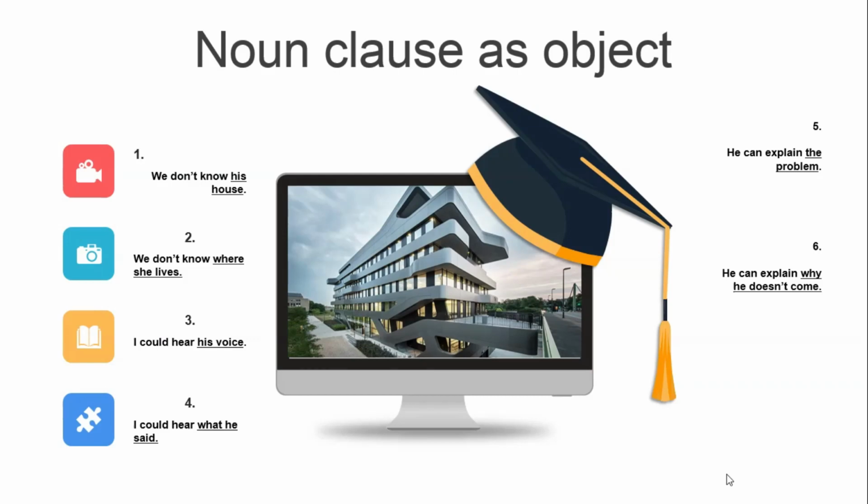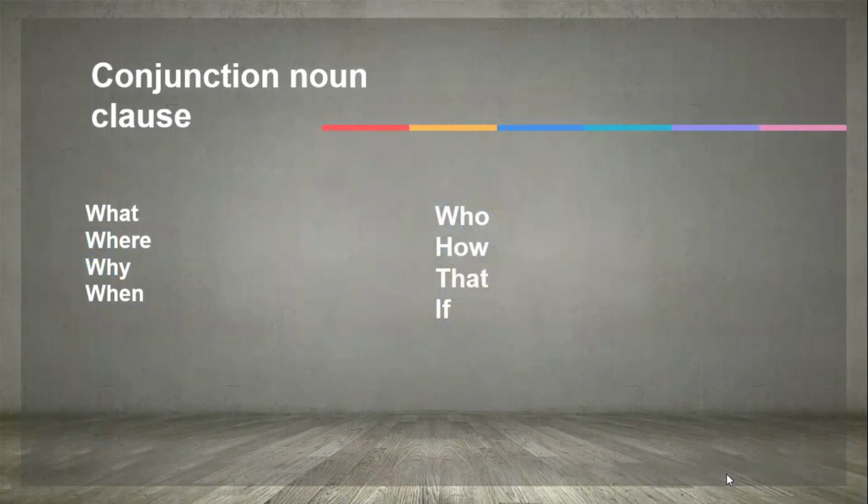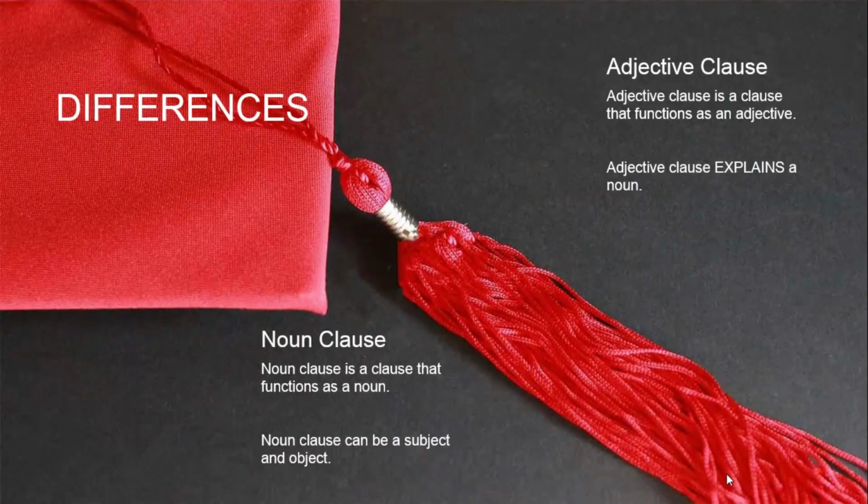The first one is what, and then the second is where, the third is why, the next is when, and then who, how, that, and it. Let's count: one, 2, 3, 4, 5, 6, 7, 8. So there are 8 conjunctions that we can use. We can use them depending on what we need.